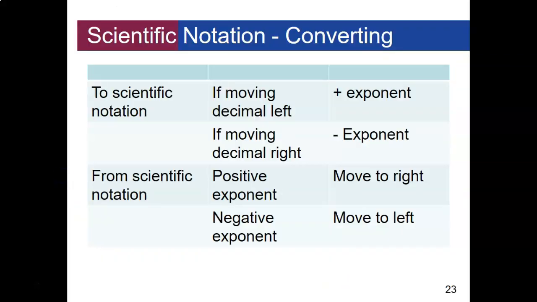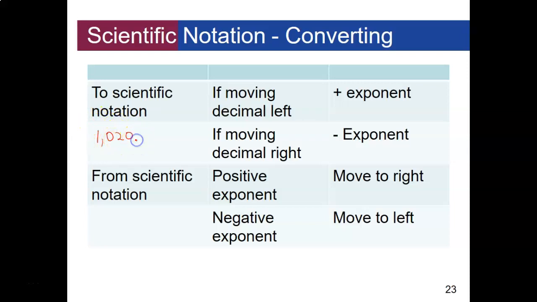Okay, the last thing in this section that deals with exponents is scientific notation. Most people do exceptionally well with scientific notation. If you're going to scientific notation and you have to move your decimal to the left, then you're going to have a positive exponent. So for instance, if I had 1020, and I'm going to put it in scientific notation, hopefully you remember that to be in scientific notation, you have one non-zero number in front of the decimal.